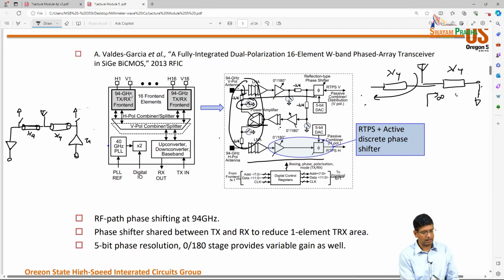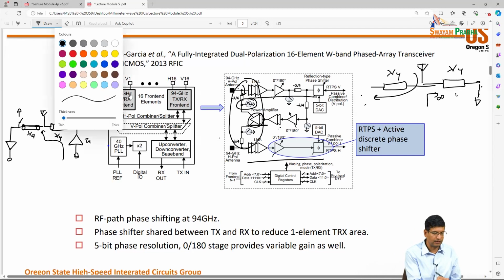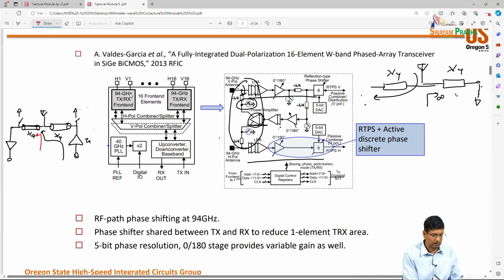So this approach works, right? Because this node, which is the input to the LNA, is actually shorted when this TX signal goes through, right? And what you see is an infinite impedance, so Z in Rx is high, right, when this is shorted.